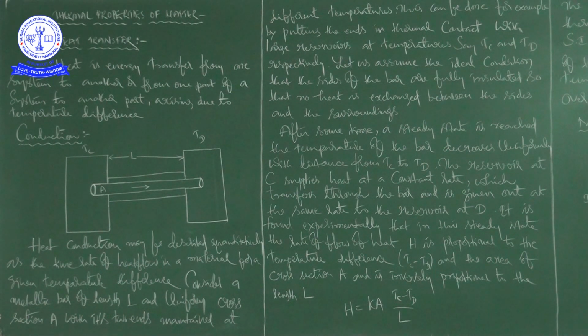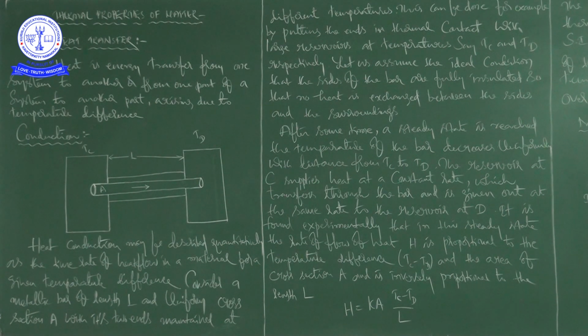So the conclusion I am giving here is that heat flows from a body at high temperature to a body at low temperature. It can move from system to surroundings or from surroundings to system, and within the system also it can flow from one part of the system to another part of the system.